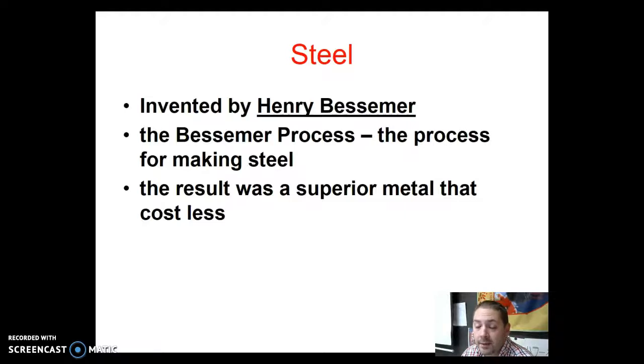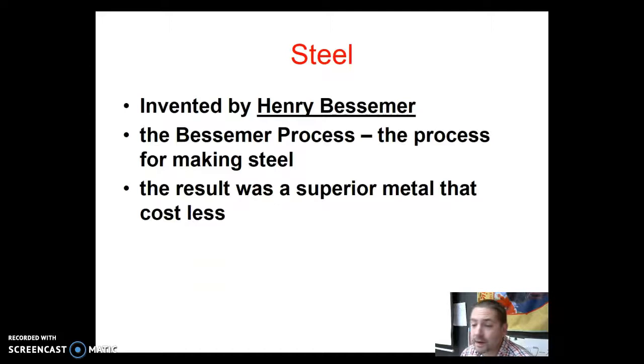So it becomes a sort of symbol of engineering greatness. And you have others being built, obviously, that help grow the cities. And that's happening in New York, London. It's happening all over the world. So people are starting to flock to cities, and cities are growing at exponential rates. And it's because of steel.